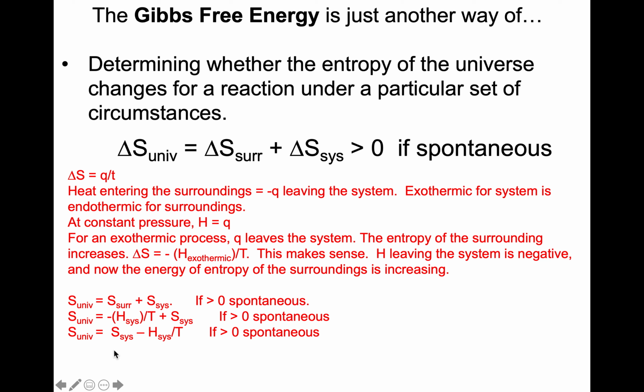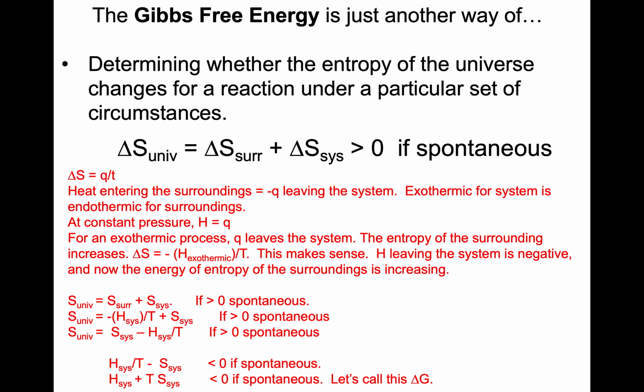Let's now just adjust the terms. Switch around these and I have the system entropy minus the ΔH over T term. Everything is still the same. If this ends up being positive, it's spontaneous. If this is positive, this means the entropy for the universe is going up. If we continue to rearrange terms, all we're going to do is bring the temperature that was in the denominator, instead of having it below the enthalpy, we'll put it so it's attached to the system.